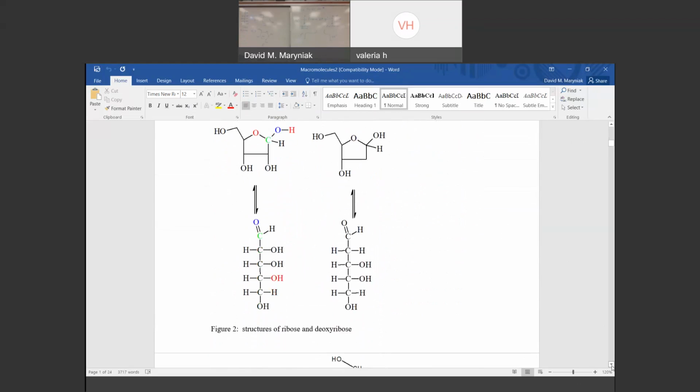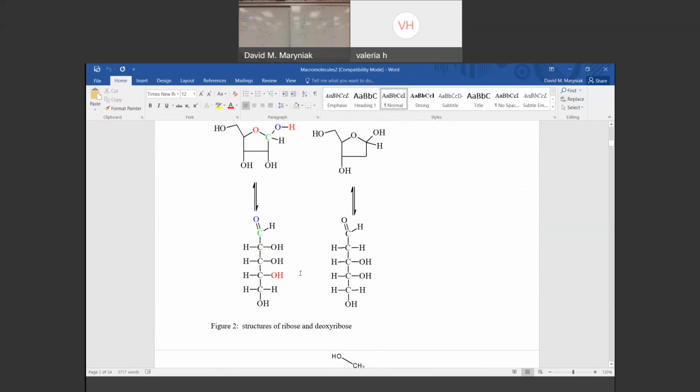And ribose and deoxyribose have how many total carbons? 5. So unlike glucose, are the riboses C5 aldehydes? And glucose was a C6 aldehyde.